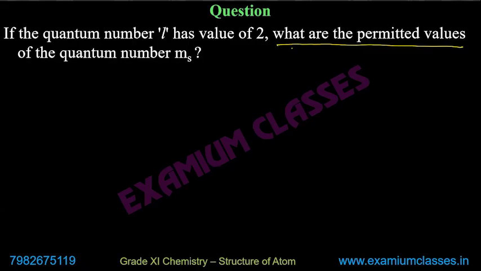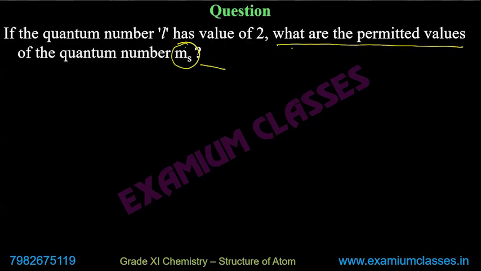Okay. ms is the spin quantum number. Why are you telling me the ml, the magnetic quantum number? 80% students are telling me magnetic quantum number. Quantum number ms is asked.